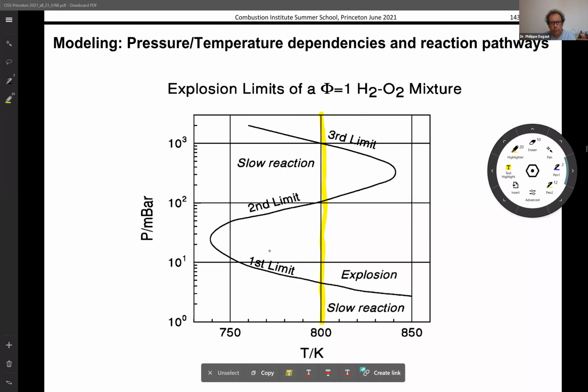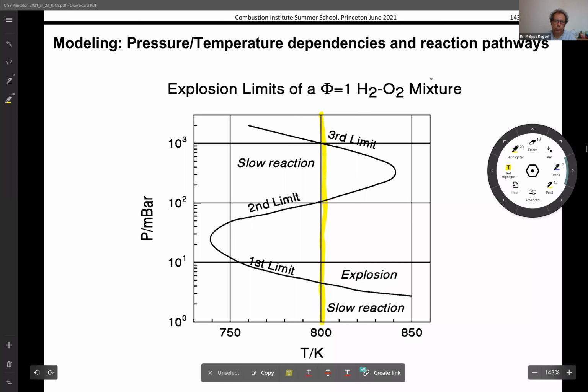which we call the first explosion limit. We continue to increase the pressure, and then we reach a new domain where the reaction is getting slow again. Increase the pressure still, and reach a third limit where the reactions become very fast again.